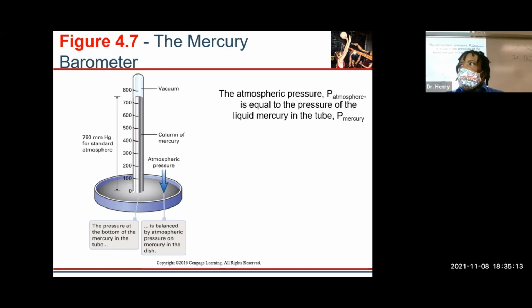Okay. So then we could sit there and say, well, the atmospheric pressure is equal to the pressure that is being pushed up, right? So standard pressure for the atmosphere, 1 atm.